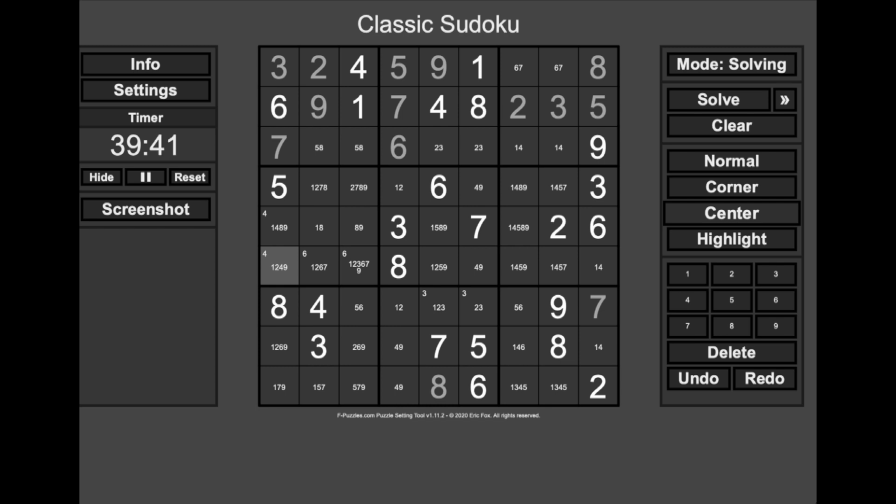Or 3. Okay, that's not 2. That's not 2. Can't do anything else with this row.